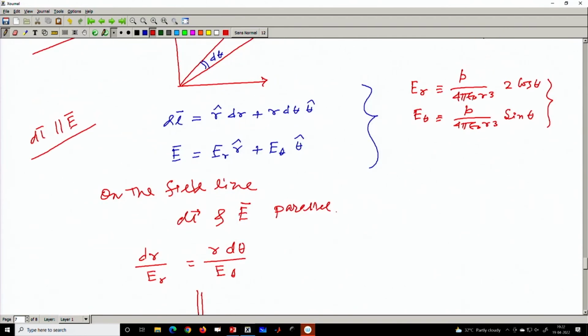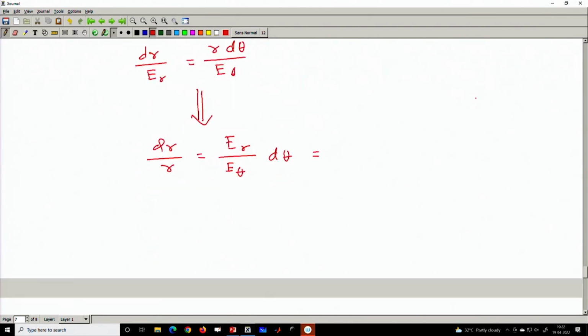So, P and these things will cancel out, and we have 2 cos theta divided by sin theta times d theta, and that I can write as 2 d of sin theta divided by sin theta.